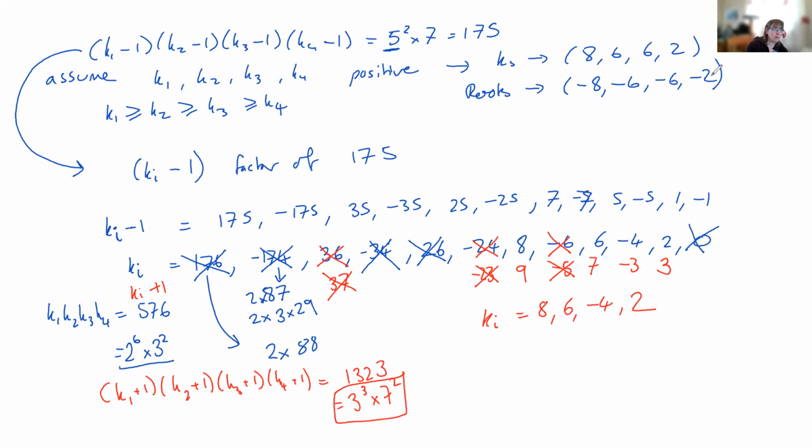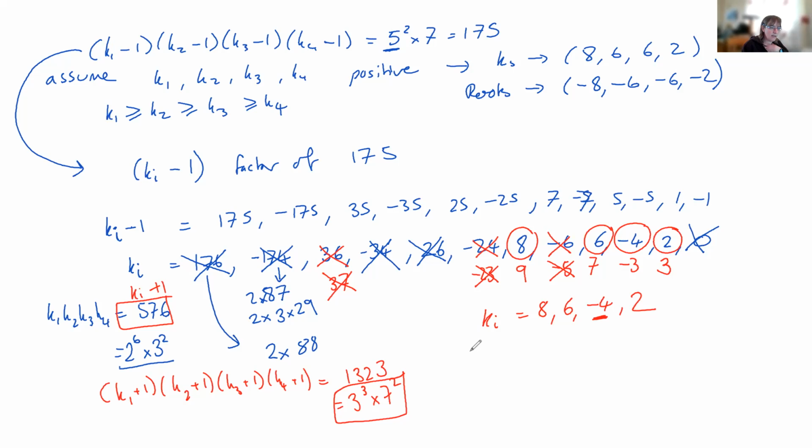So up here, when we solved it for positives, we had 8, 6, 6, 2. So the only thing we need to now consider is, can we have a minus 4 as one of our roots? If we have some negative roots, to get the product to be plus 576, they have to either all be negative, or 2 of them are negative, or none of them are negative.